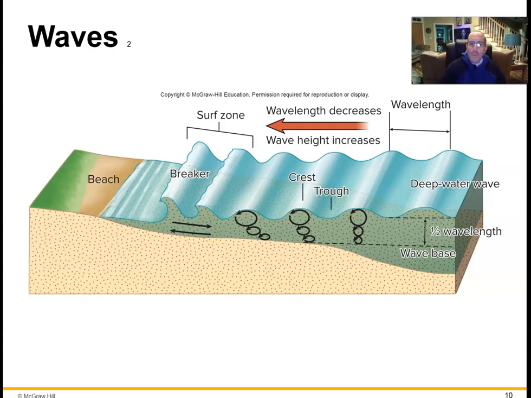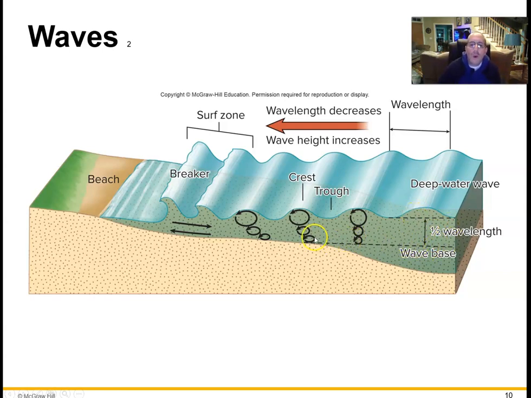So as that wave has this molecular movement under it, kind of like a little washing machine, just cycling around in a circle, as it gets closer to the shore in shallower water, there's friction that starts to happen on that wave because it's dragging across the bottom. That little circular motion is catching the bottom, the wave base.